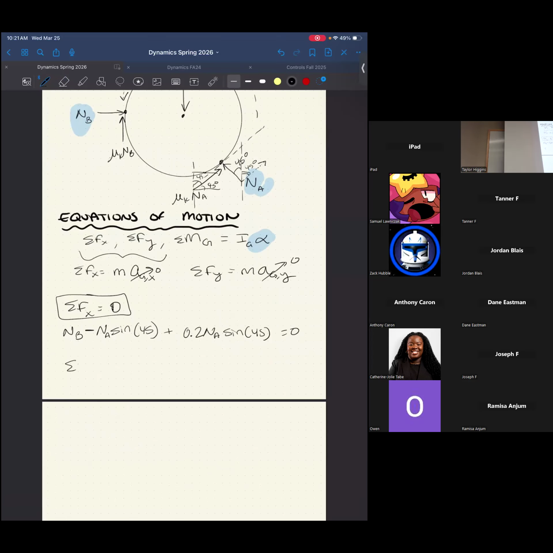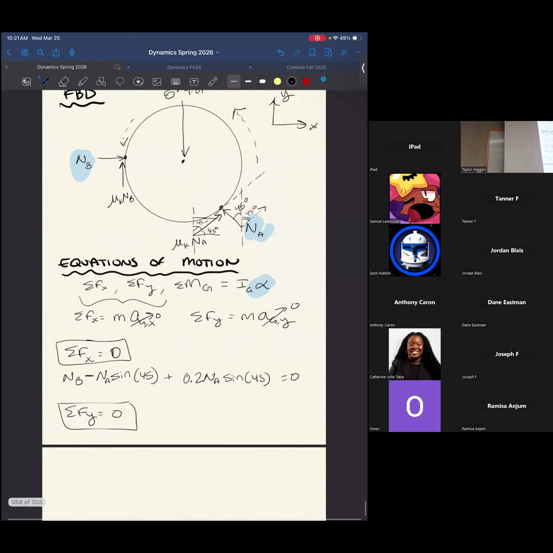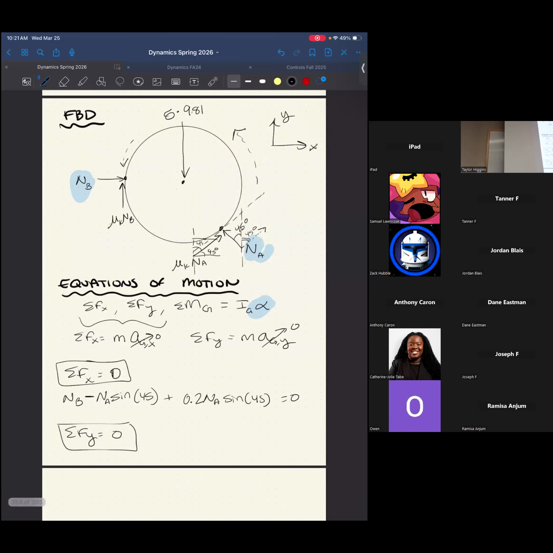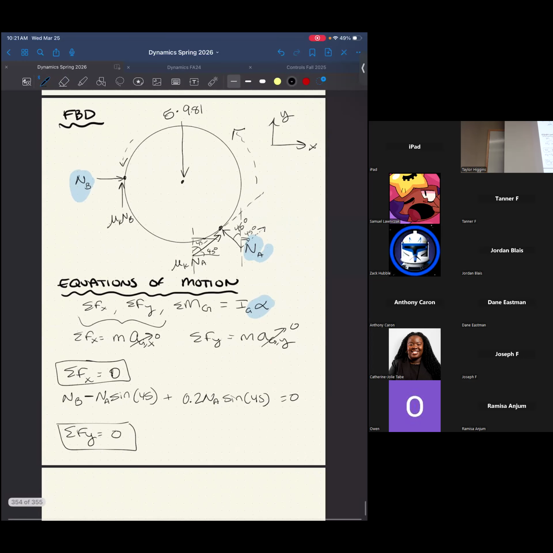Okay, let's do sum of forces in the y equals 0. What forces do I have in the y? Gravity. Positive mu k NA and positive NA cosine 45.